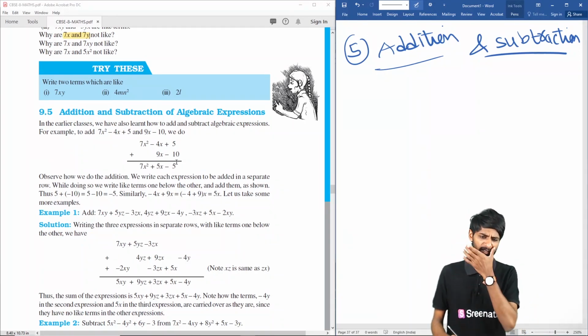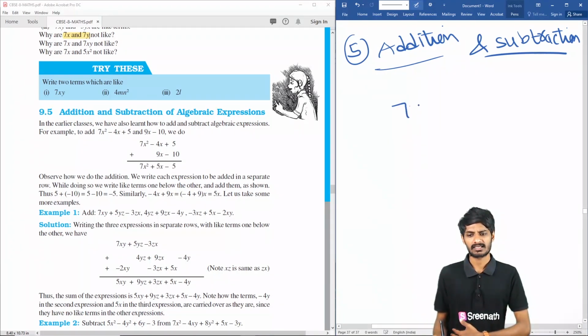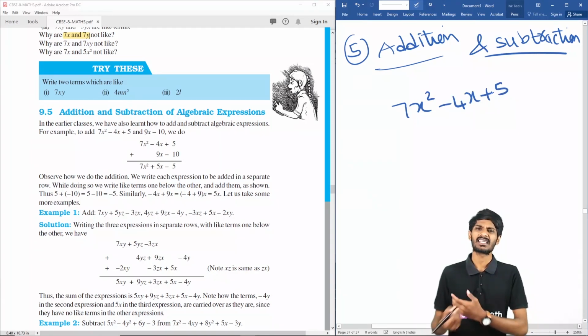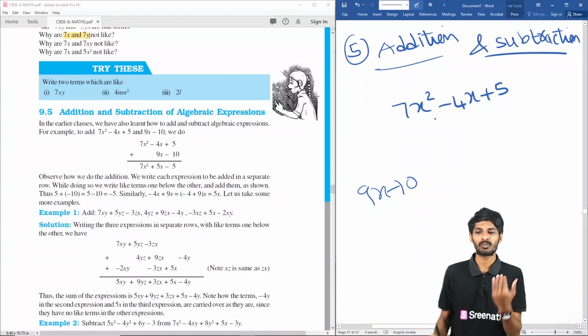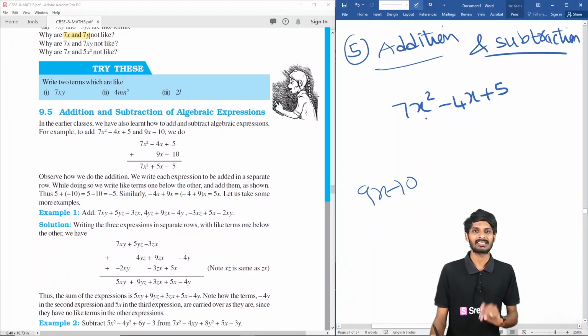We will just recall them. So if you have 7x square minus 4x plus 5, it is an expression. There is another expression, 9x minus 10. We have to add these two expressions. How can we do it? We have to place the like terms under the like terms.